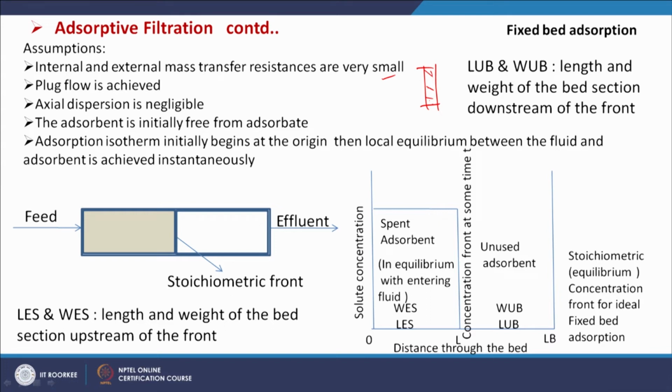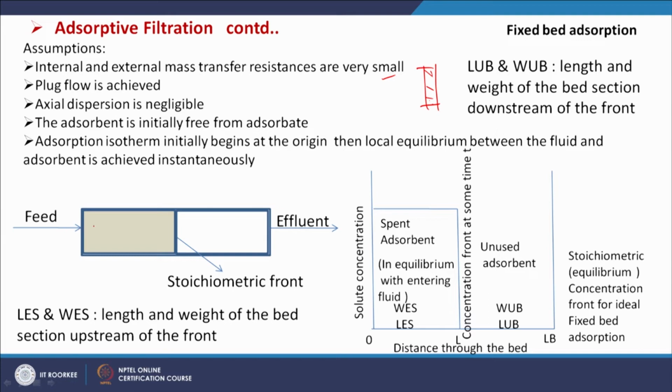That is a very simple assumption, but this will never happen in reality. And plug flow is achieved. We are assuming that the flow follows plug flow through this bed, that means axial dispersion is negligible. The concentration across this diameter is always constant.